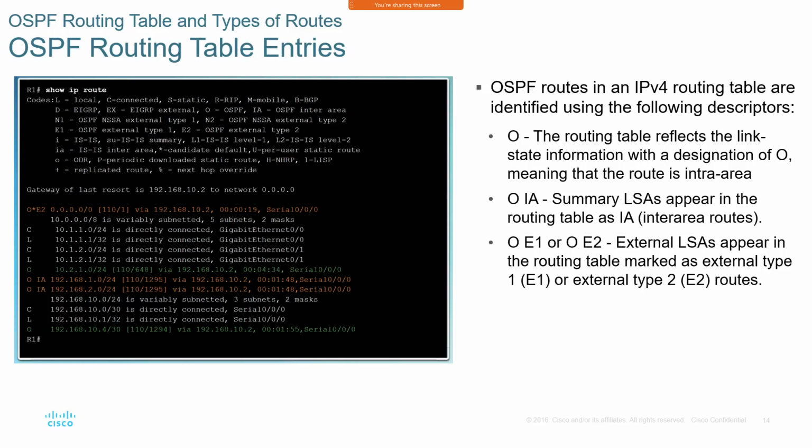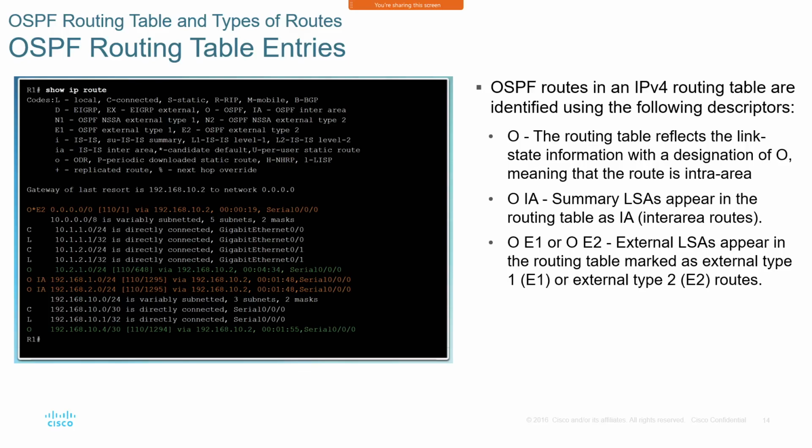Now, when we add the metric to the ASBR, including the metric to the network, we have a cumulative metric, because we're adding up the cost to the ASBR plus the cost from the ASBR to the route. That is an external type 1, OE1.